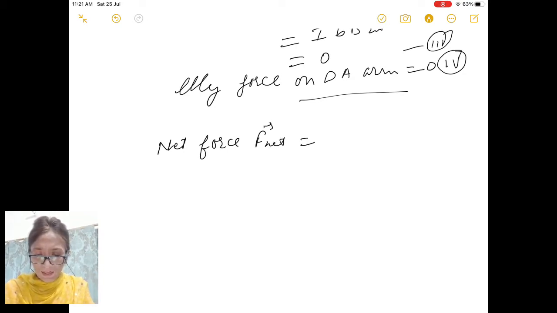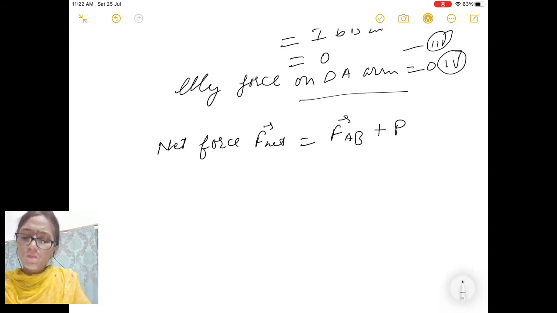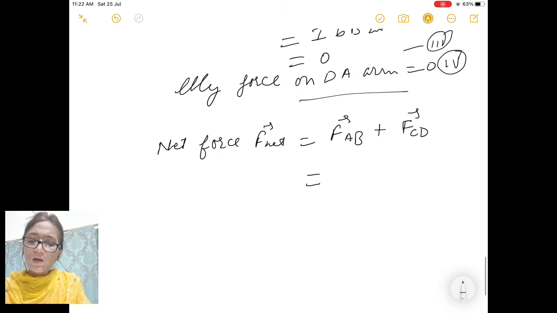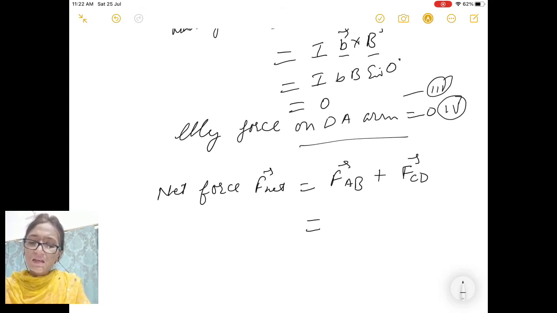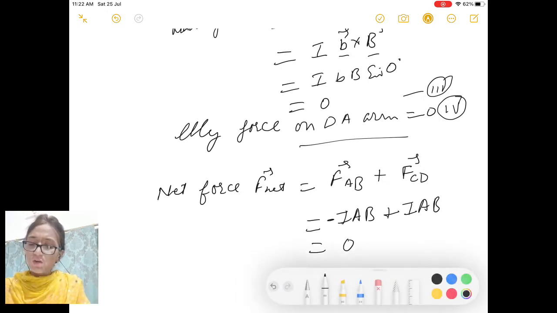F net is equal to FAB plus FCD. If you take FAB as positive in the inward direction, then FCD in the upward direction is negative, so IAB minus IAB. So the net force is equal to 0.